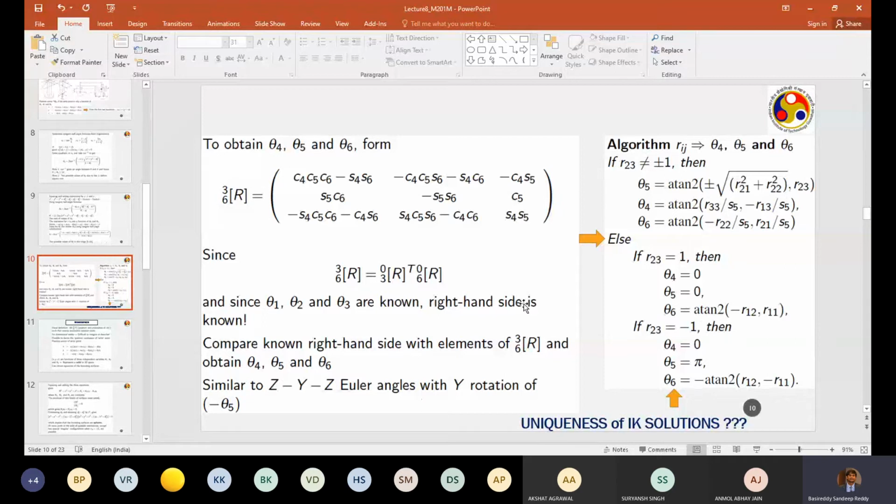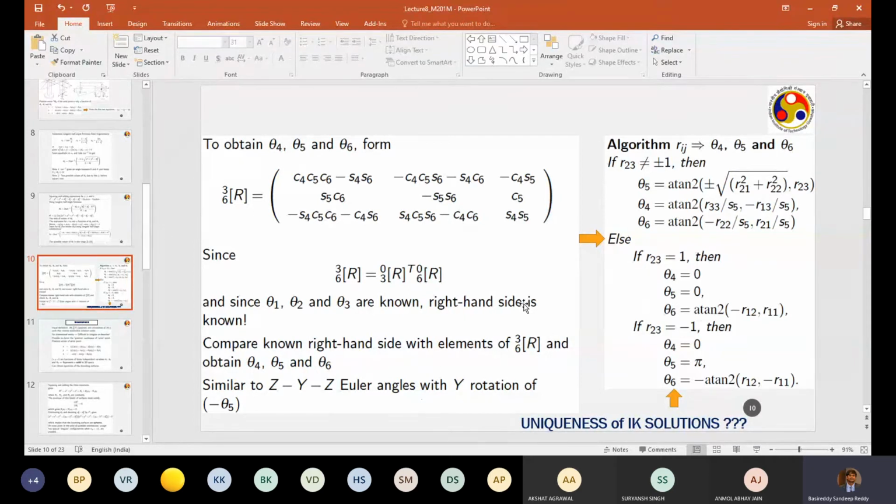Now here in this rotation matrix you have 9 components, and the unknowns are theta 4, theta 5 and theta 6. If you see the rotation matrix for 3 to 6, can you make another observation? There are only 3 variables here: theta 4, theta 5 and theta 6.